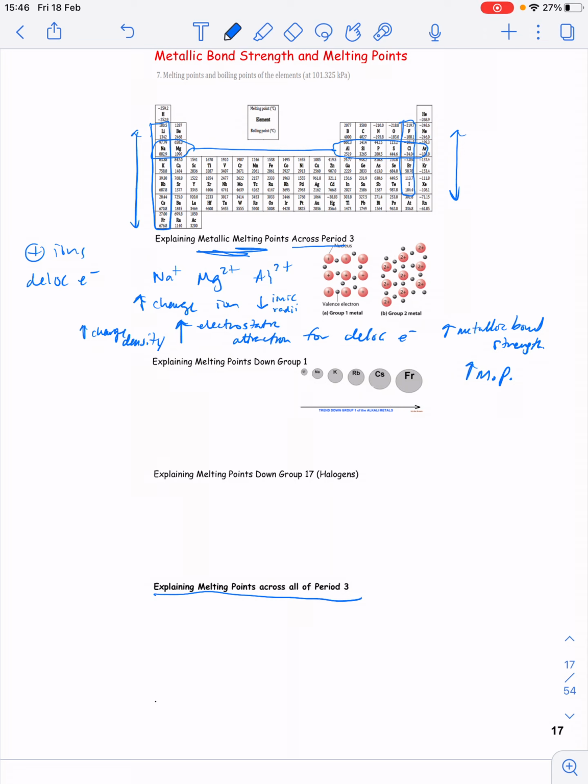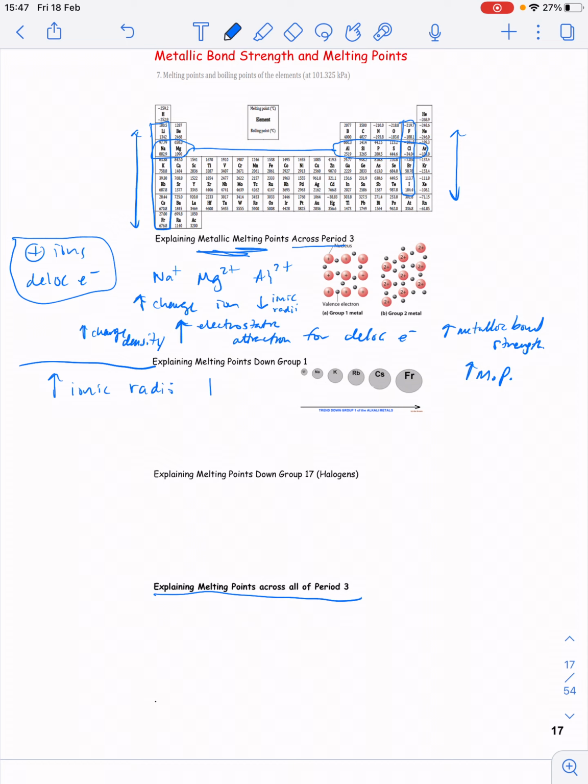As we go down the group for the metals, we're still in a frame of mind of thinking about metallic bonding. Again, the attraction between positive ions and delocalized electrons. But all the group 1 metals have the same 1+ charge, so we can't focus on the charge, and instead we have to focus on the size of the atoms or the ions. So as we're going down the group, we have increasing ionic radii.